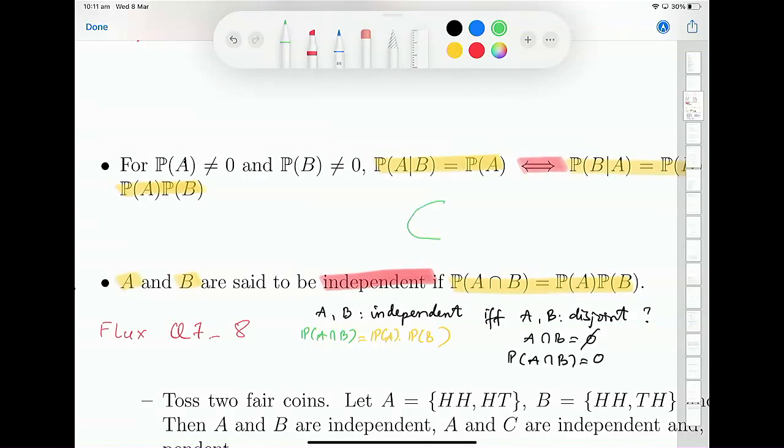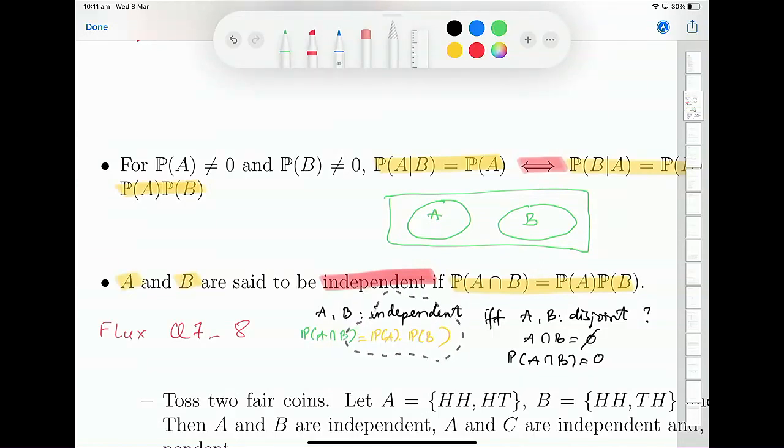So for example, this is A, this is B. Even though A and B are disjoint, if the probability of A is different from 0 and the probability of B is different from 0, then the right hand side is different from 0. But the left hand side is 0. So this is not true, right? It's only true when the probability of A equals 0 or the probability of B equals 0, which means A is a zero measure set or B is a zero measure set.